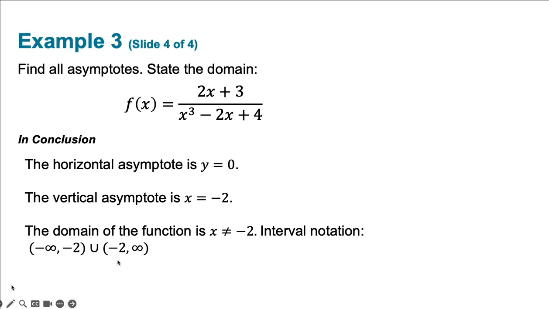So in interval notation, we write that as (negative infinity, negative 2) union (negative 2, infinity). And make sure you put parentheses around both of those half intervals or half lines. Okay? So that answered the question. And it was not as hard as it looked, because we have technology to do the work for us.